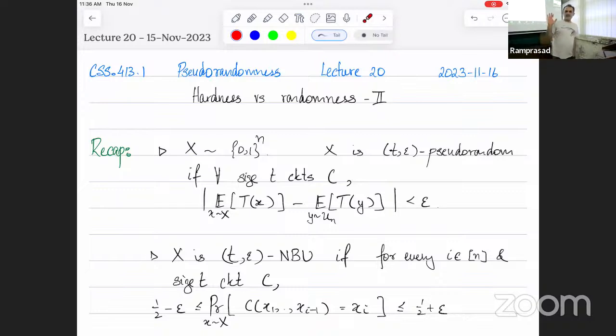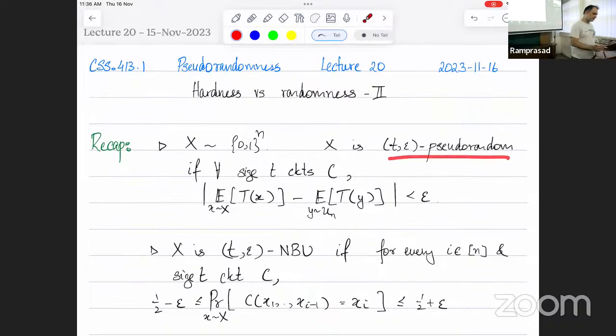So let me recall all the things that we need so that we can proceed with the theorem statement. We had two different notions that we were talking about. One was this notion of something being pseudorandom, and the other was a notion of something being next bit unpredictable. Both of these are usually defined in terms of two parameters: a size parameter and an error tolerance.